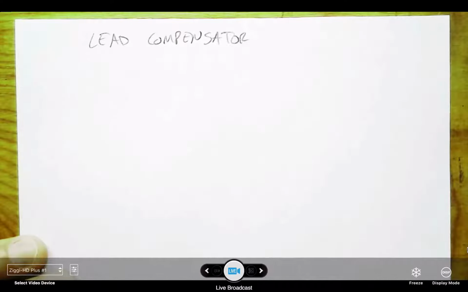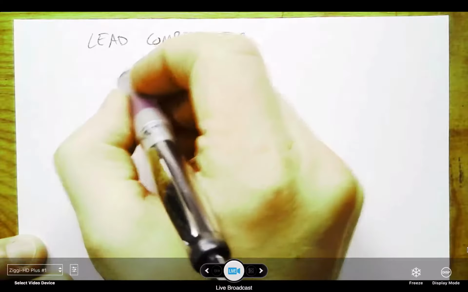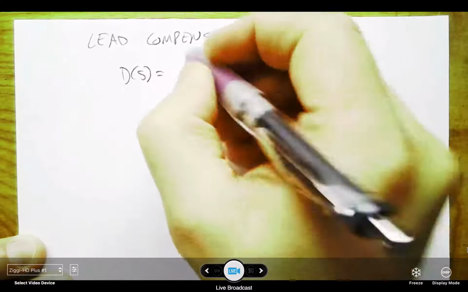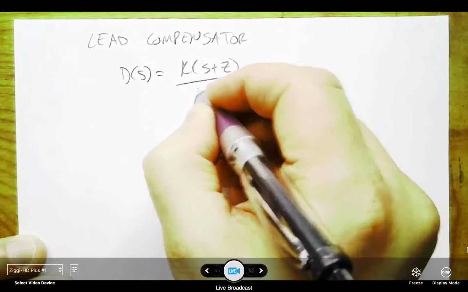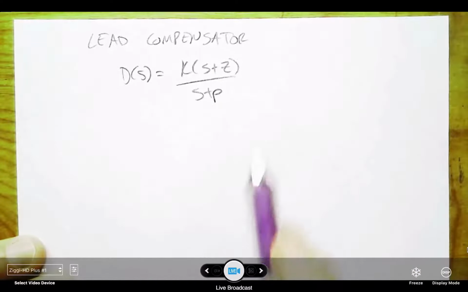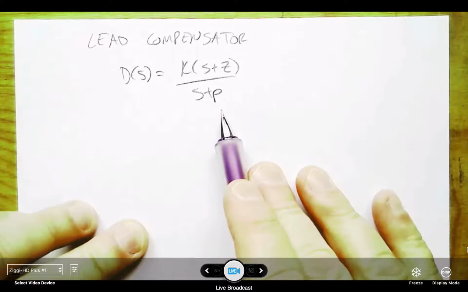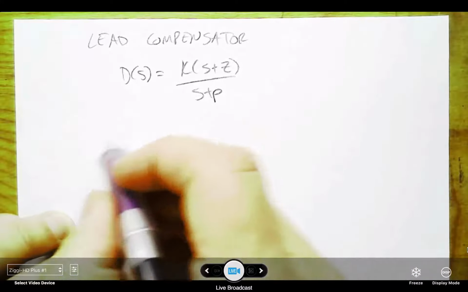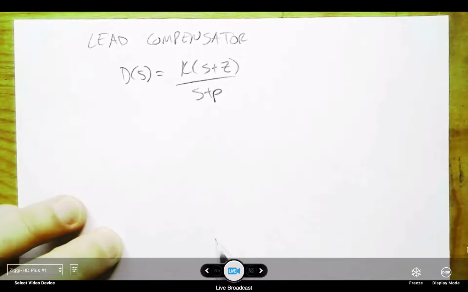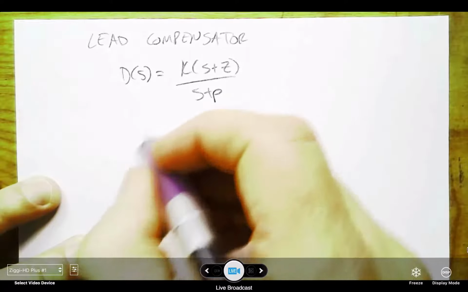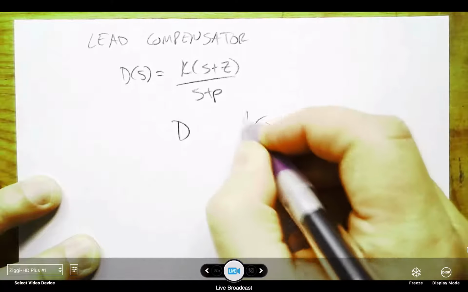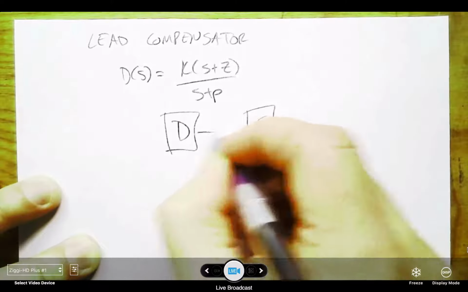I sort of promised I would do a third example. Hopefully by now this is almost trivial. But if I had some lead compensator, to my mind that would already be in a form that has a gain factored out. So I would have some 0 location, some pole location as my D of S. And assuming that same block diagram format with D and G in the loop, let me just draw it really quickly, just so we're all on the same page.